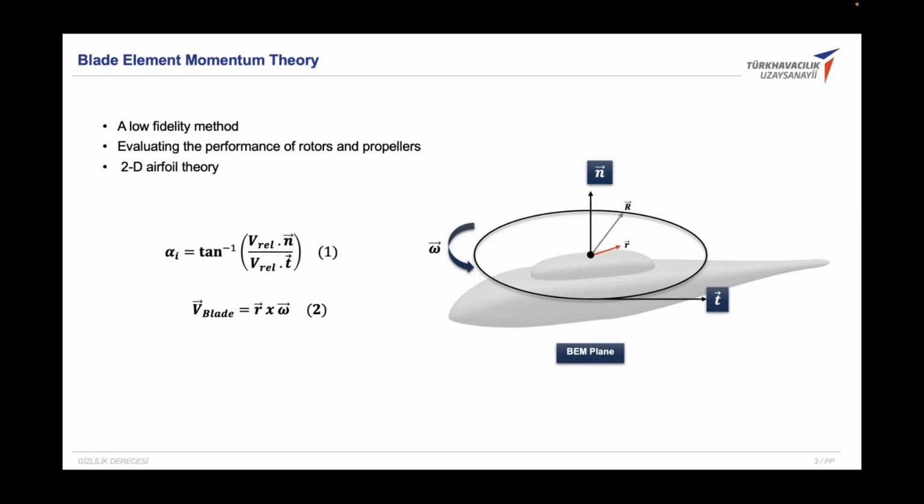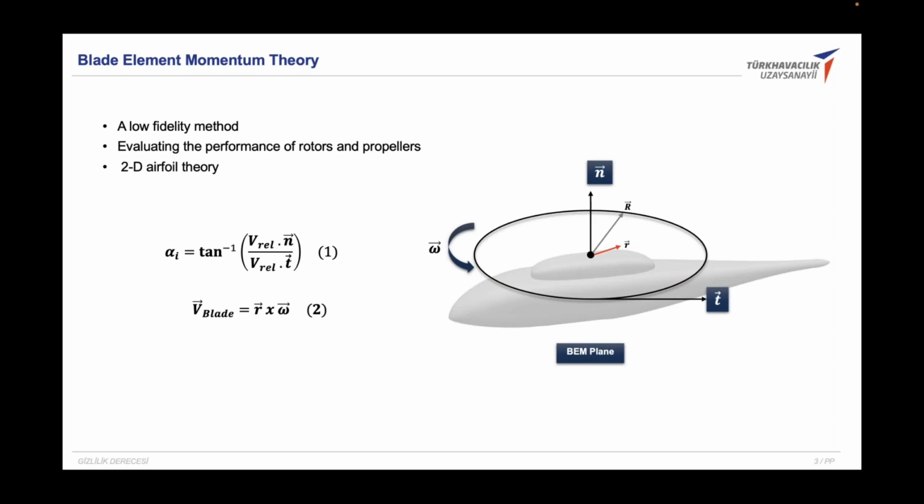So blade element momentum theory is an alternative way to do it. Basically, it splits the blade into small parts which hold blade elements, and you assign the 2D airflow theory, and you calculate the aerodynamic forces acting on that element.